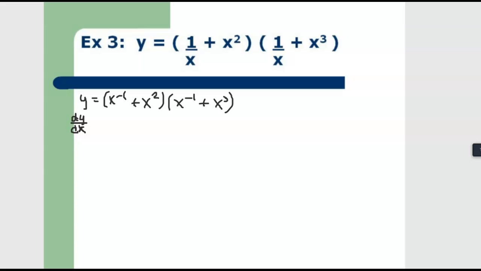So that you add the first times derivative of the second. So the power rule says exponent down in front. Take 1 away.